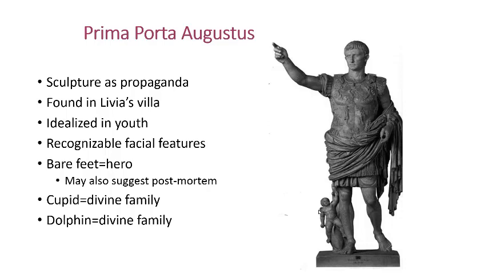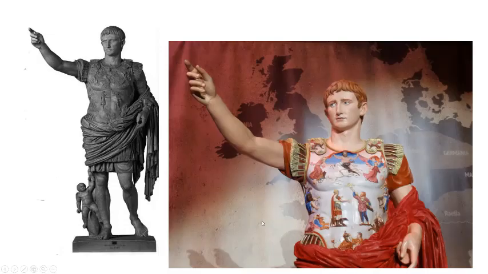And so they are suggesting that they are related to the very founders of Rome itself and to great heroes from Homer's Iliad. And so Cupid here is riding a dolphin, which suggests the divine family, and the emperor is here claiming that he is directly related to divine grandparentage multiple generations before.